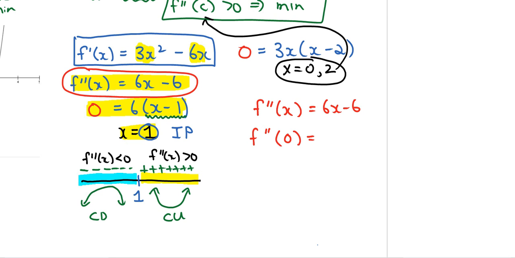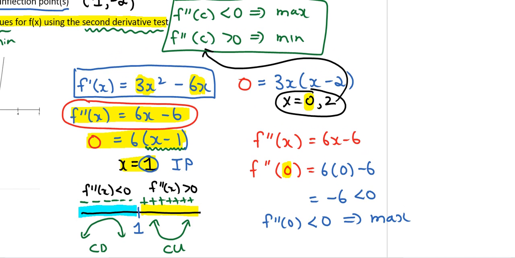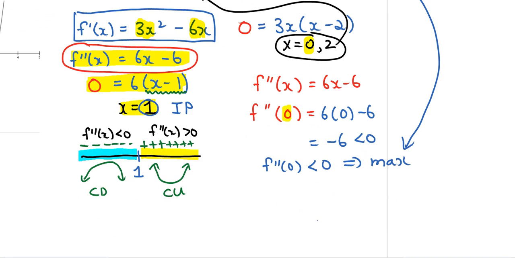I'm taking this value of 0 and inserting it into my second derivative, and that's going to be 6 times 0 minus 6, which is negative 6, and negative 6 is less than 0. So f double prime of 0 is less than 0, so that implies I have a maximum value. So at the point 0 comma 0, I have a max.